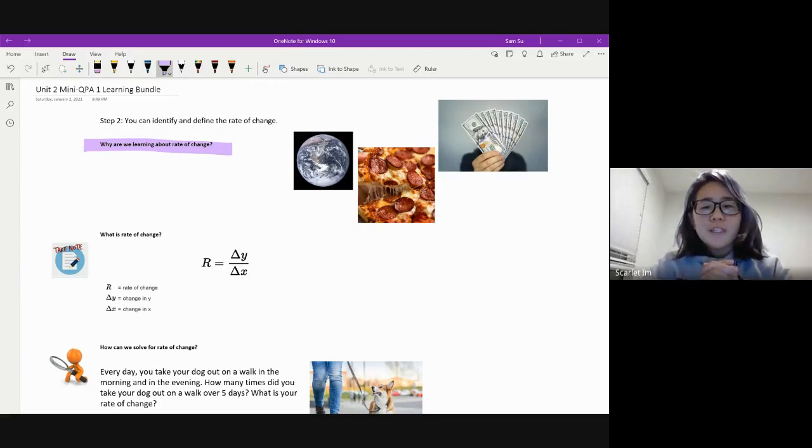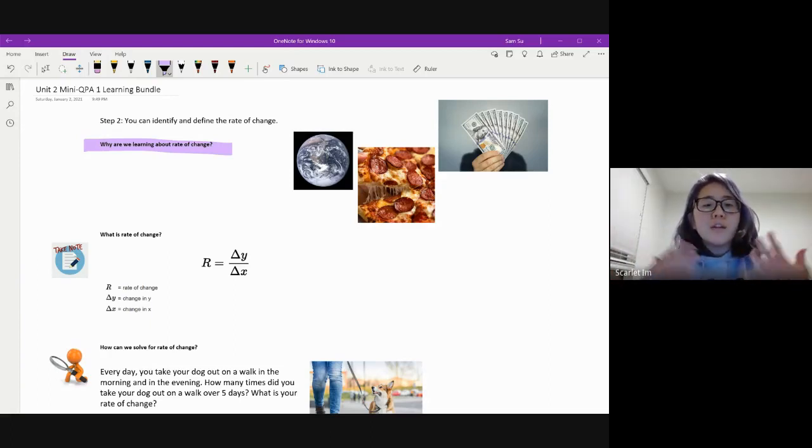We use rate of change when we're cooking. When we say how many cups of cheese and how many slices of pepperoni do we put into a pizza, that is also a rate of change. And most commonly, we also use rate of change when it comes to money. How much money you make each hour at your job, or how much money you make in total at the end of the year. These are all rates of change.